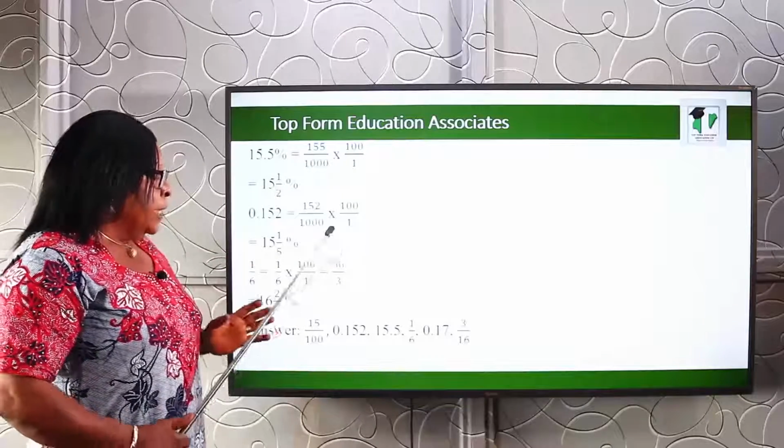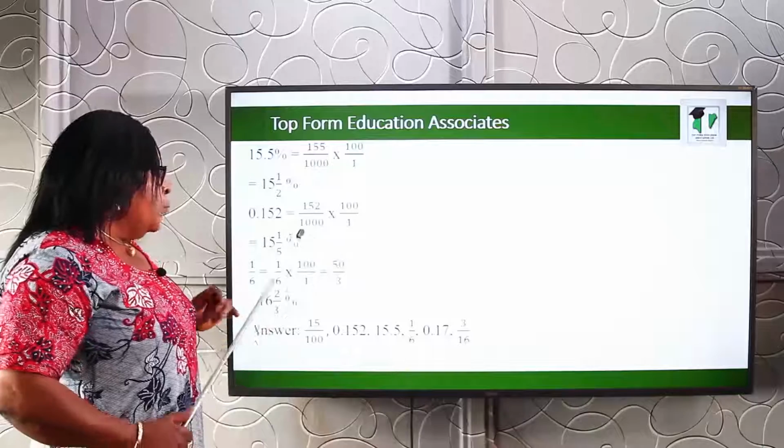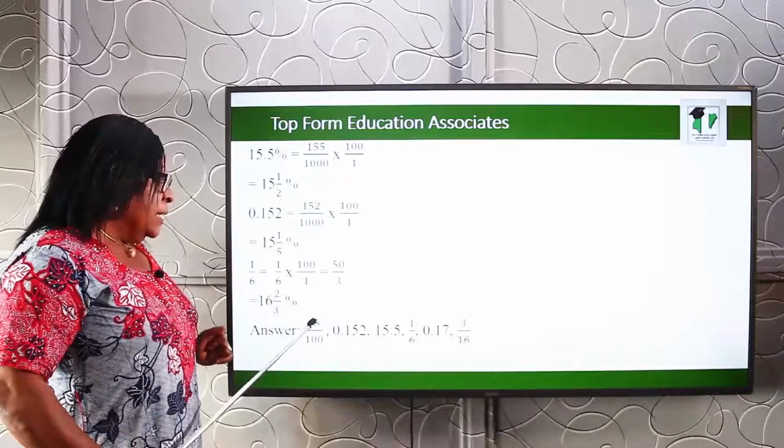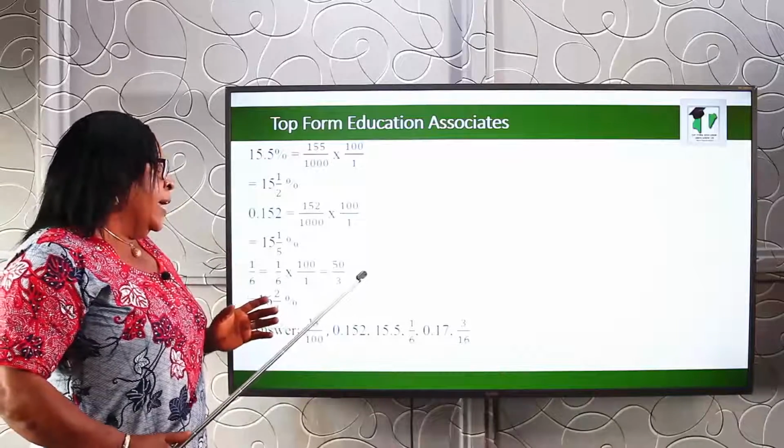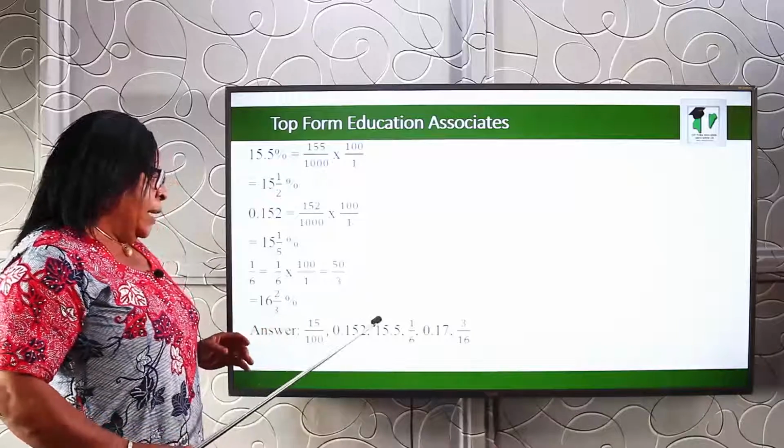Now that we have converted all the numbers to percentages, whether they are fractions or decimals or percentages, they are now all in percentage. But the question says we should arrange in order of magnitude, ascending order.